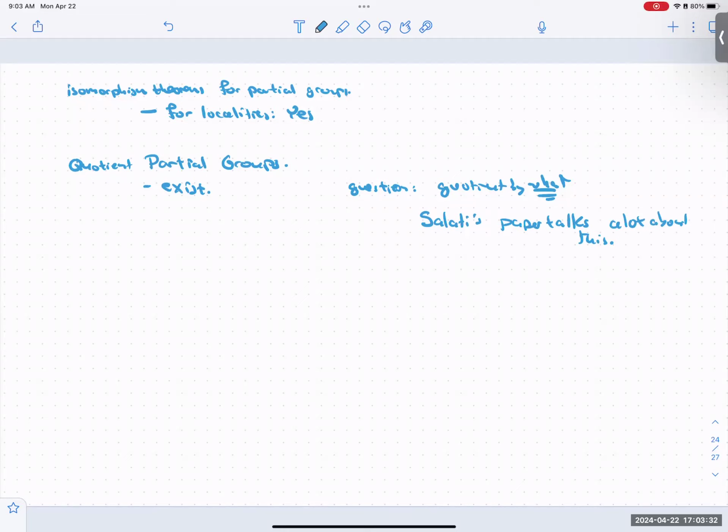Me as a non-group theorist, I think more about building partial groups from generators and relations, something like this. That's a sort of quotient partial group as well, but maybe not quite what you mean. But so the answer is yes. Oh, good. Yes. Thank you, Philip. Sure.